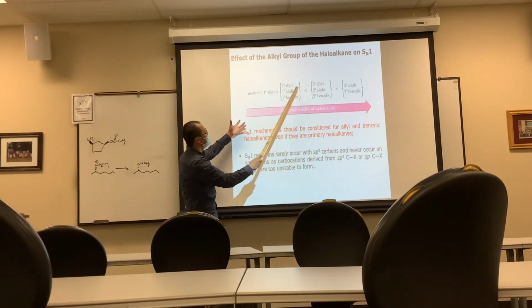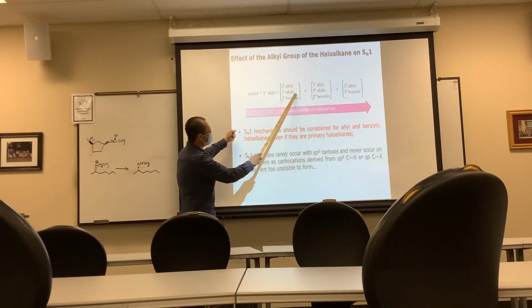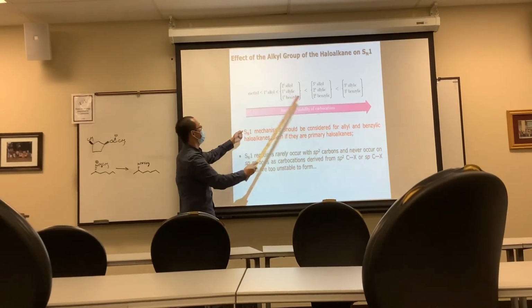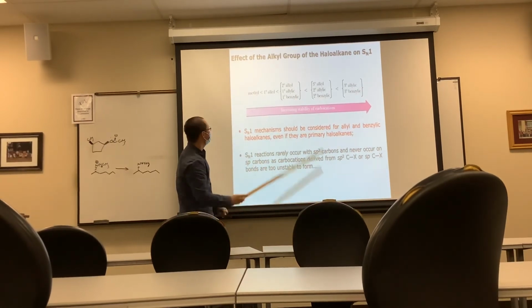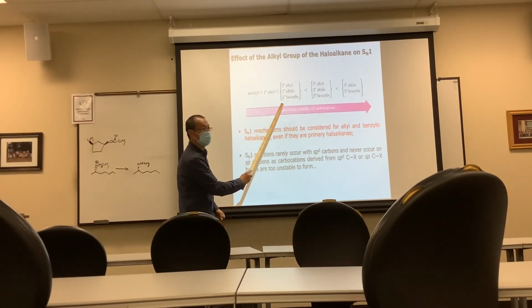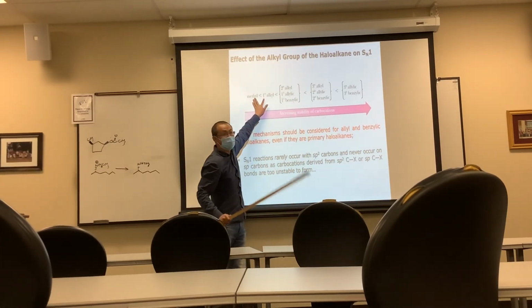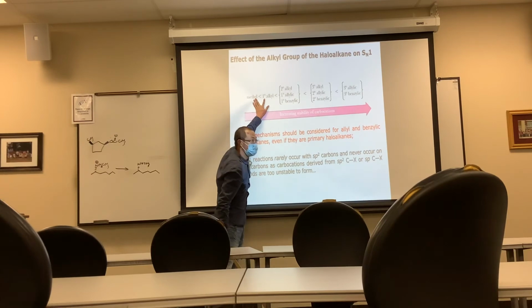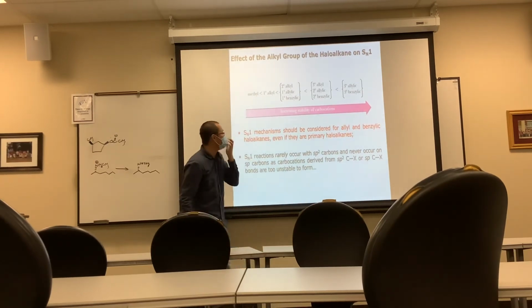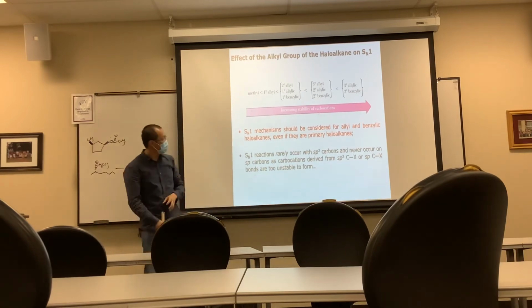Followed by secondary and primary allylic and primary benzylic. And then the least stable ones are these two. So that means these two never have what? SN1. Why? Because the carbocation of these two is too unstable.